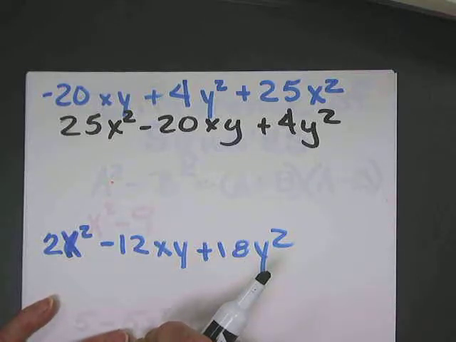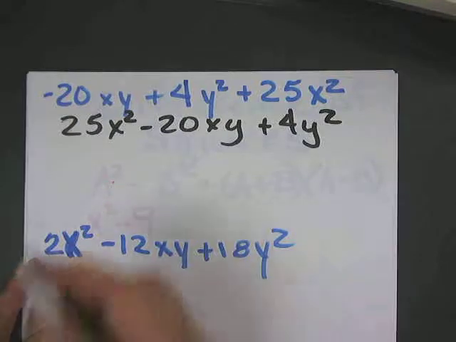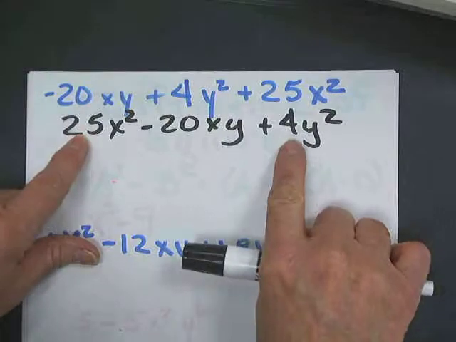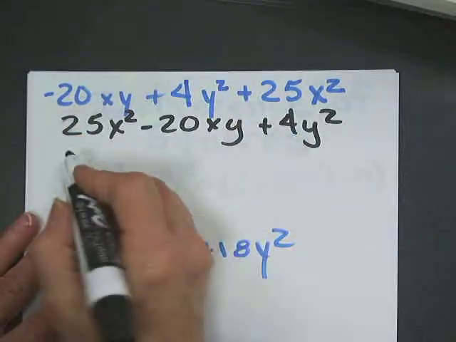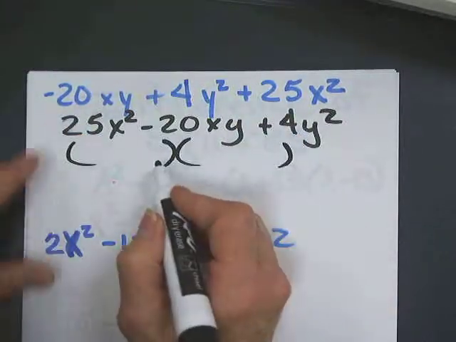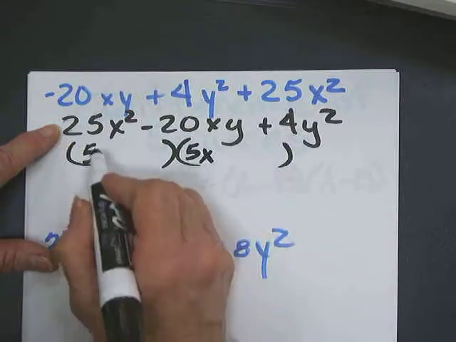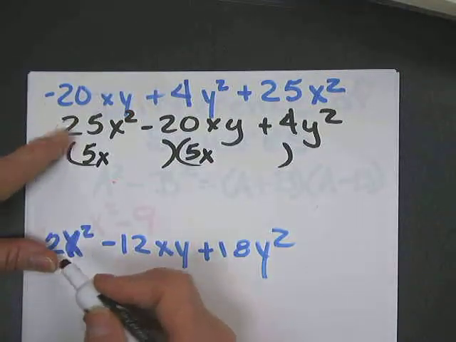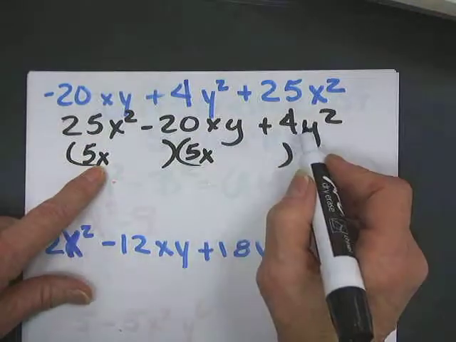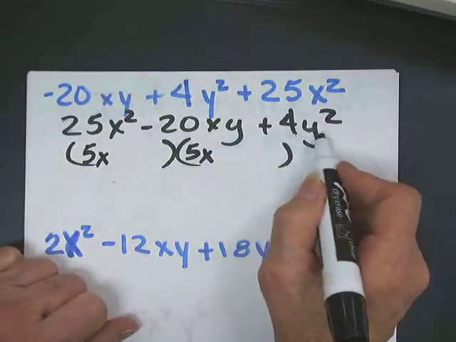Is there anything in common? Common factor? No. Okay. So is this a square and a square? Yes. Great. 25x squared is 5x and 5x, and 4y squared is 2y and 2y.